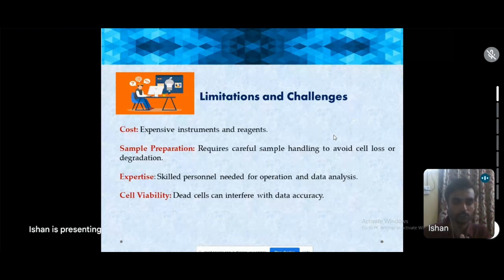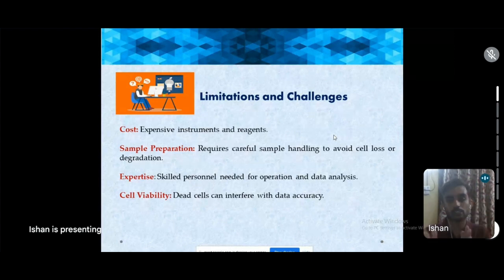The third point which comes is the expertise. That is why we need skilled personnel for operation and data analysis. So we need a skilled person for sample collection, for the operation of this instrument, and finally for data analysis. As the initiative of our country is also there, the Skill India program.